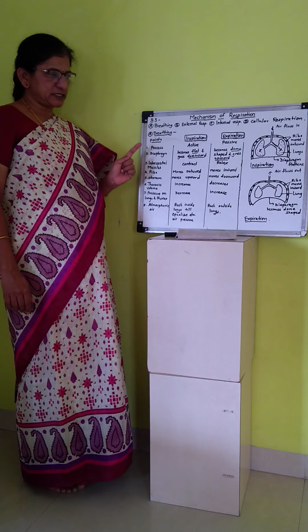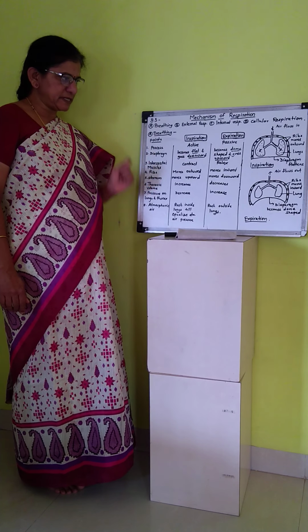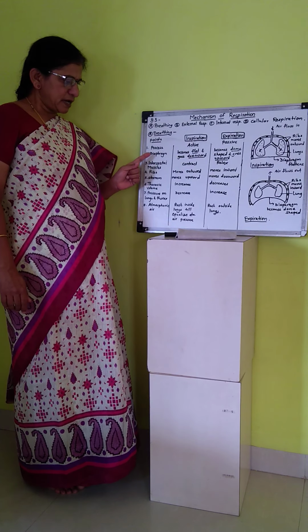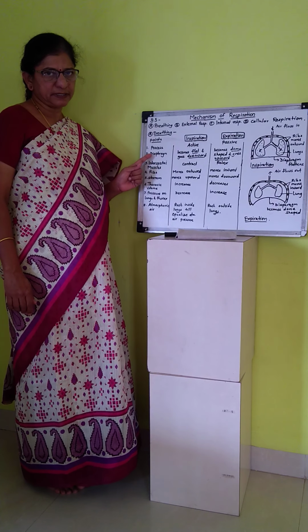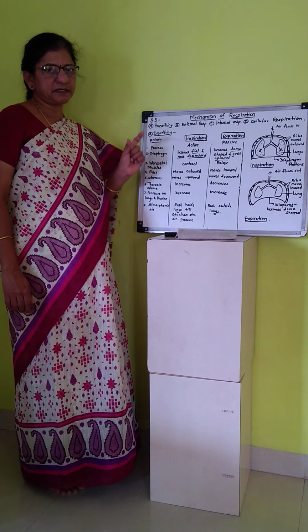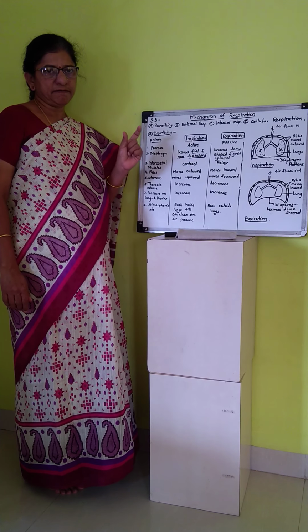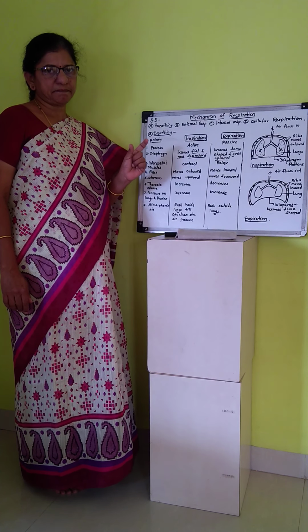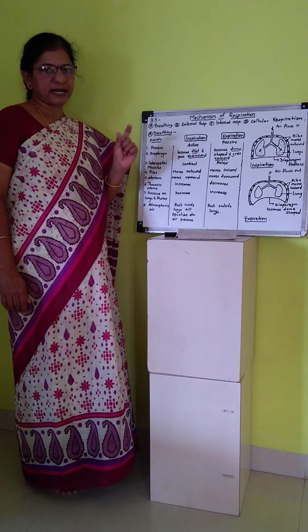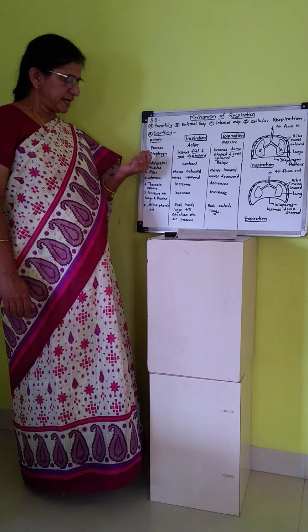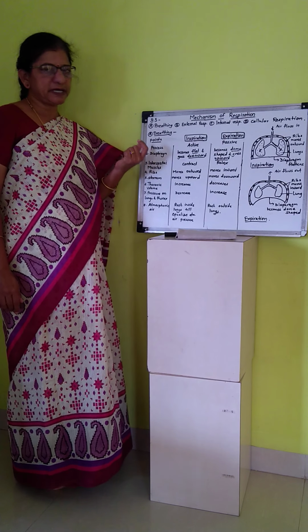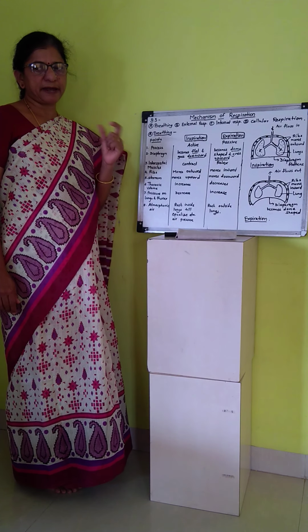What happens actually during breathing? See, the diaphragm. Now you are well aware of what the diaphragm is. Diaphragm is a muscular flat membrane present in between the thoracic and abdominal cavity, or in other words, it separates the thoracic cavity from the abdominal cavity.